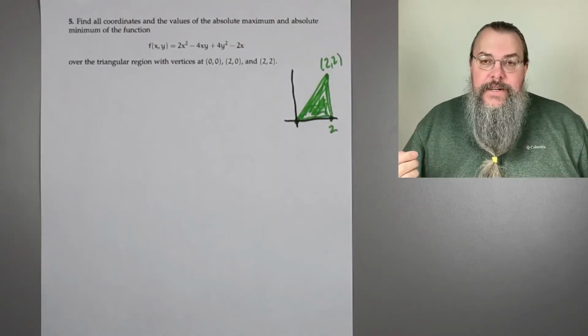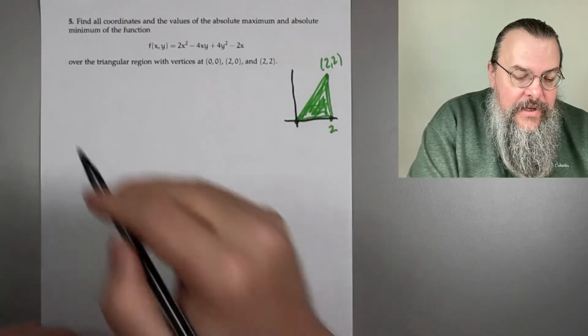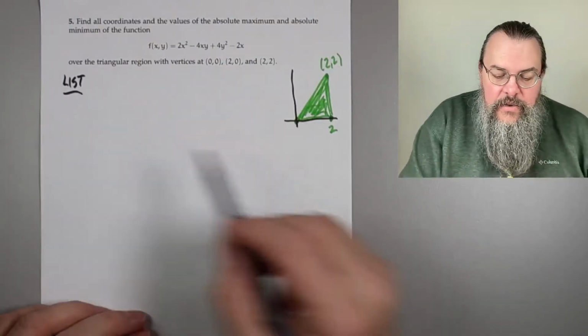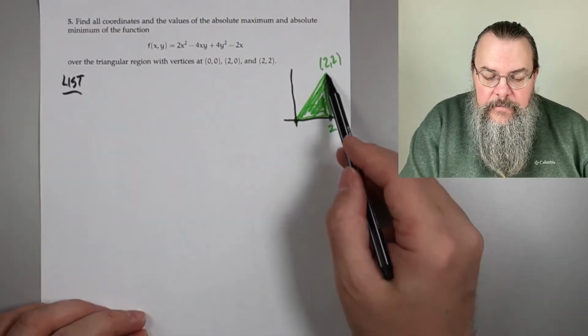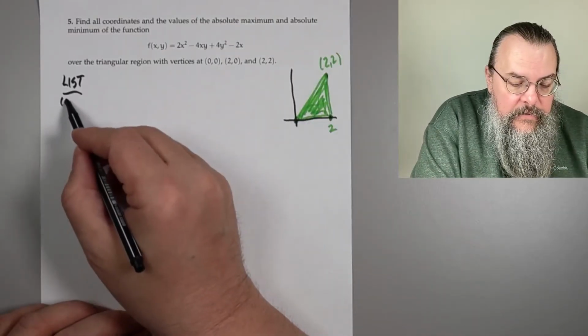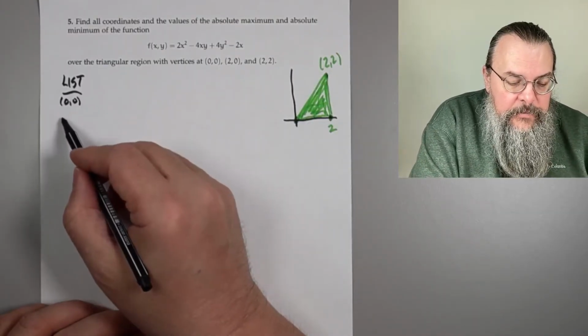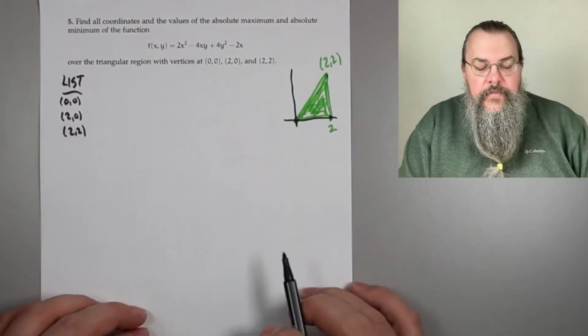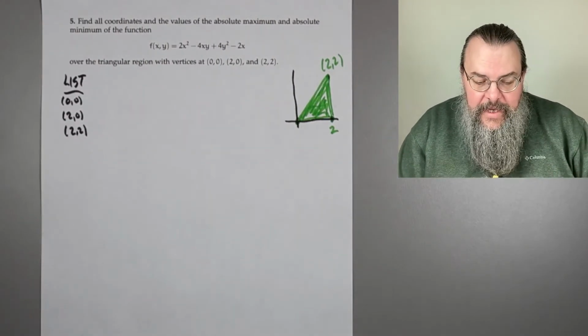So how do we go about making our list? Well, the first thing I do is I always start by throwing in the corners, because corners are always candidates. So we have the 3 points, 0, 0, 2, 0, 2, 2.